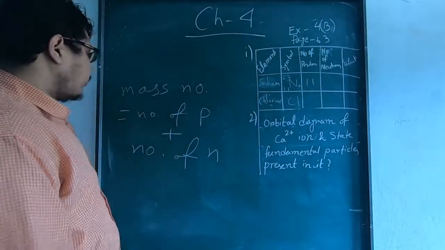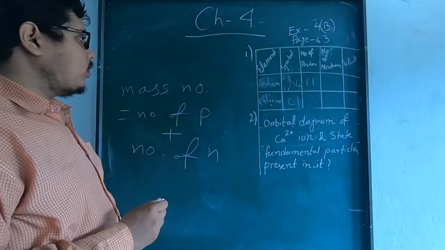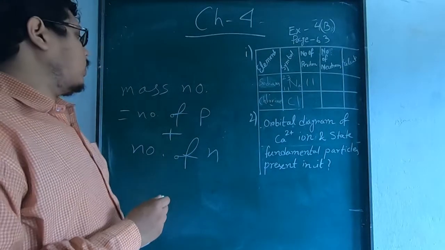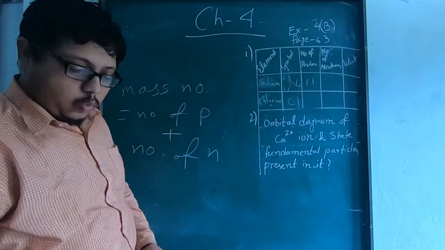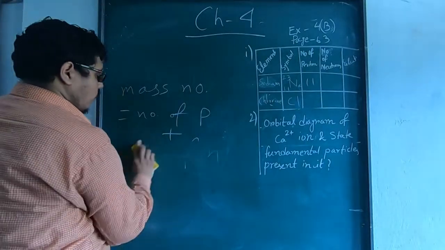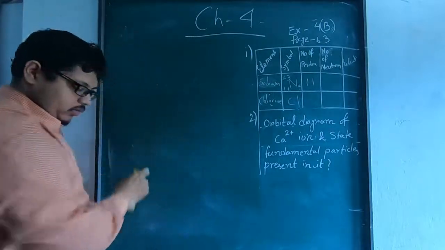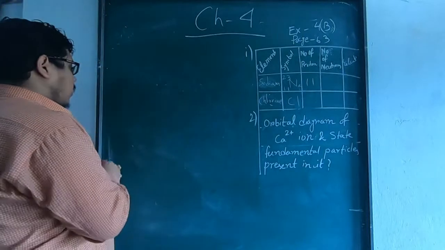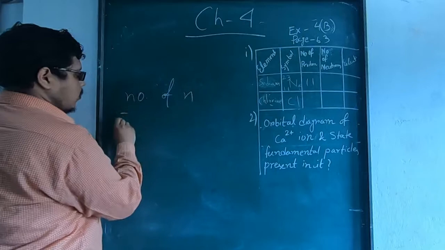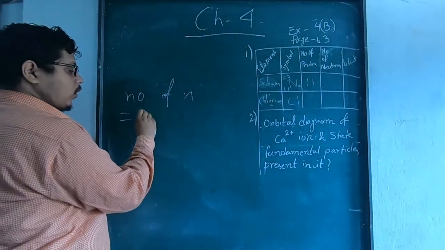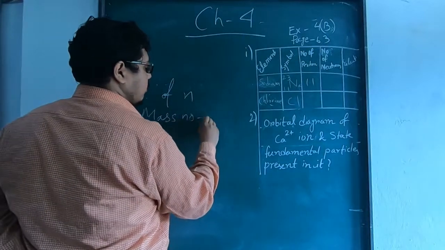As we know the mass number is 23, and the number of protons is 11, we can use the formula that I discussed in the last class. Number of neutrons equals mass number minus atomic number.